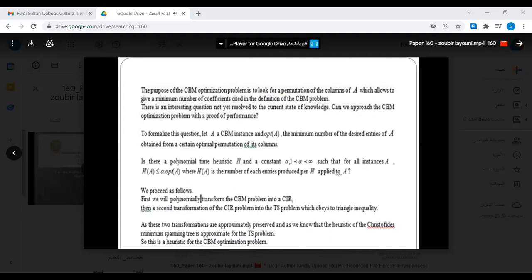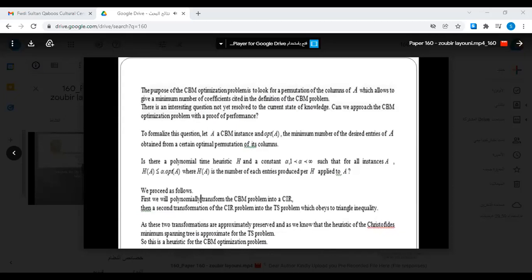The question is: can we approximate the CBM problem with a proof of performance? Let A be a CBM instance and opt(A) the minimum number of the desired entries of A. Is there a polynomial time heuristic H and alpha such that for all instances, H(A) is less than or equal to alpha times opt(A)? The procedure is below.